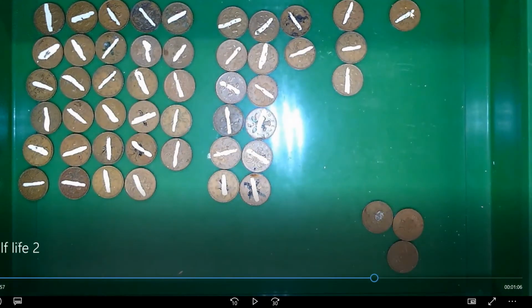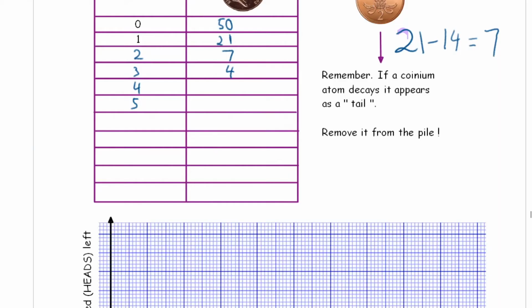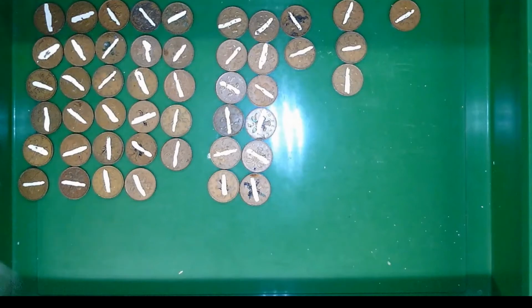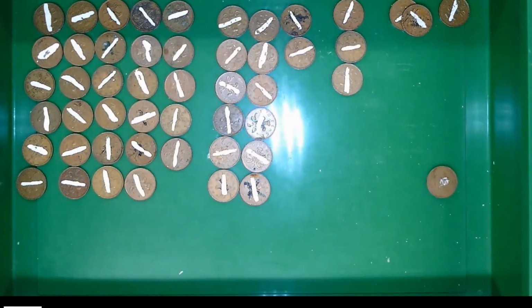So you can see only 1 more decayed, 3 undecayed. See, 2 decayed, 1 undecayed.